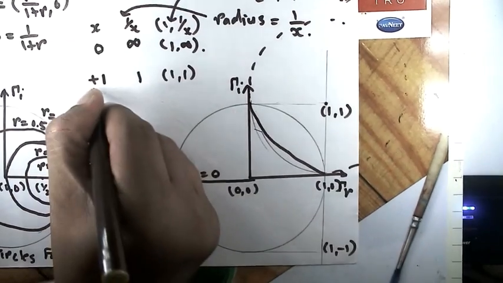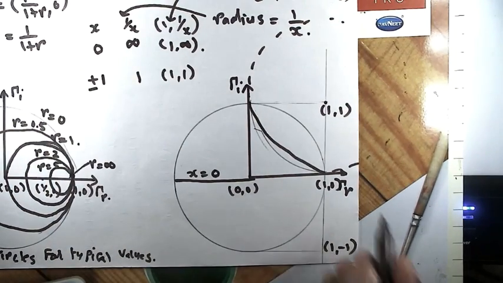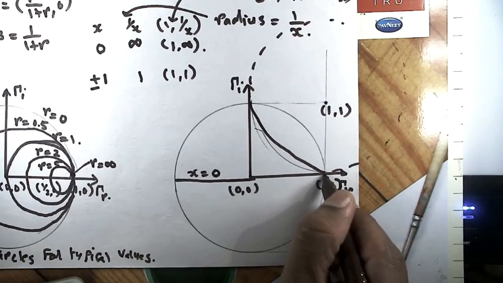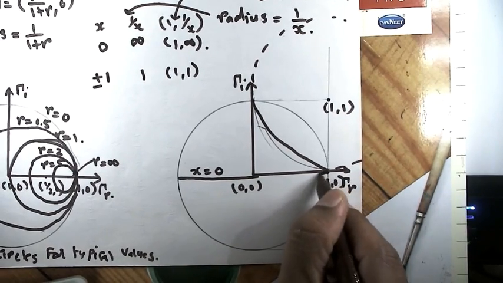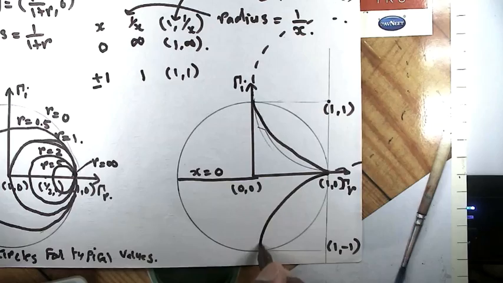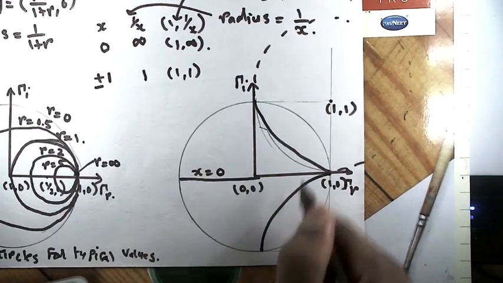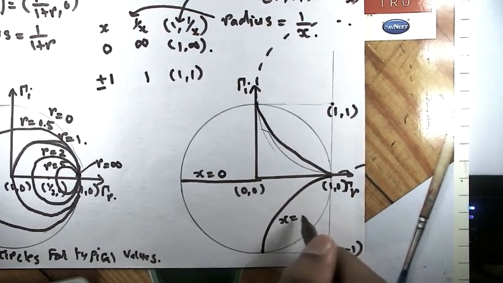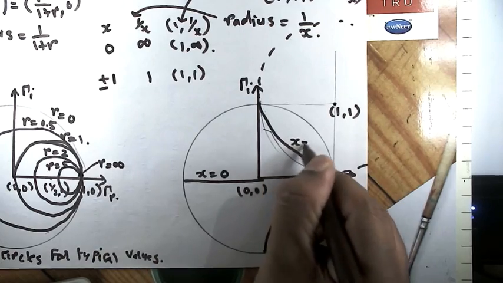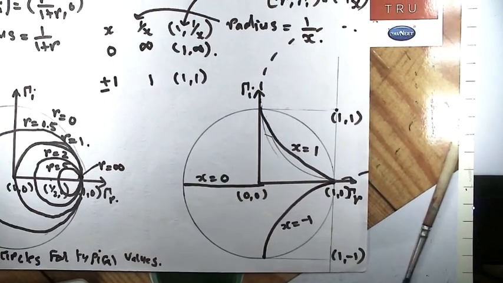In the same way, if you use x equal to -1, I may get typically this type of circles, which represent the x equal to -1 circles. This one expresses the x equal to 1 circle.